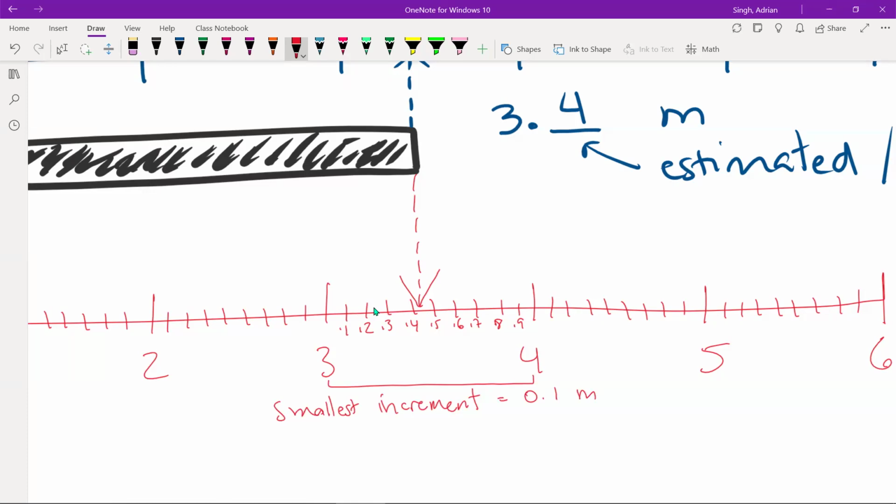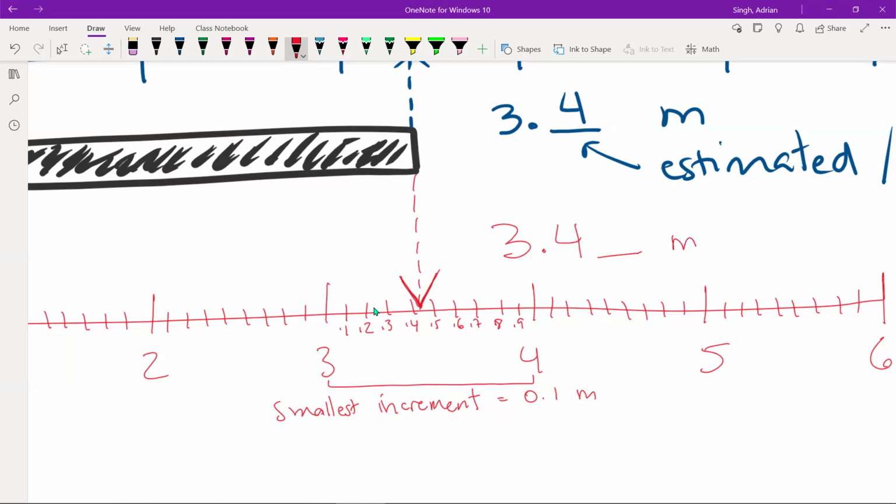So if I were to make a measurement using this red ruler, and I see where that ends up, well, now I can see with certainty that the length of the stick here is more than 3.4, but it's less than 3.5. So we know then that it has to be 3.4 something meters.